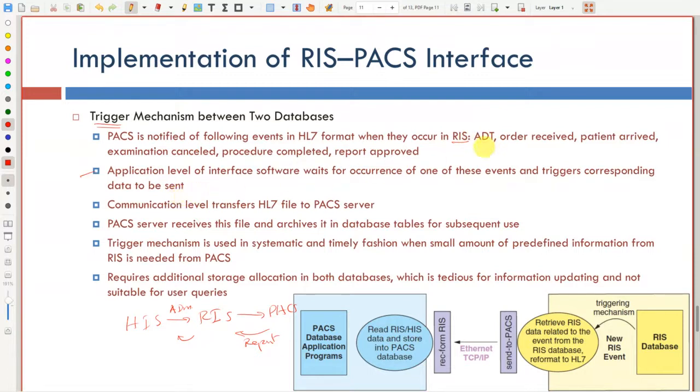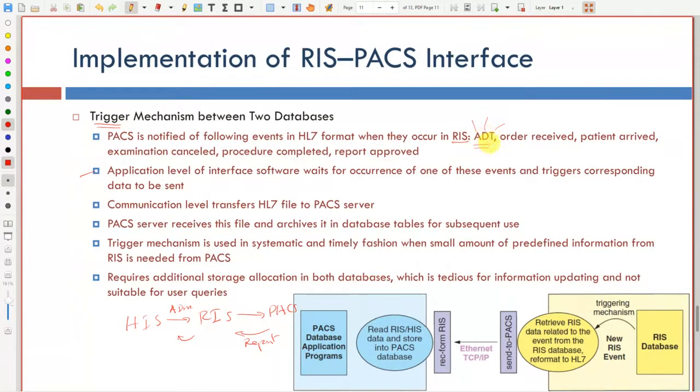For example, this is admission, discharge, and transfer. If it's admission, it triggers certain types of data to be sent. If it's discharge, it's going to signal that this patient is discharged, so that you can clean up the data. If it's transfer, it depends on the kind of transfer information.